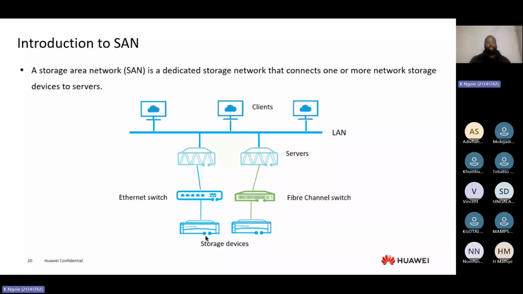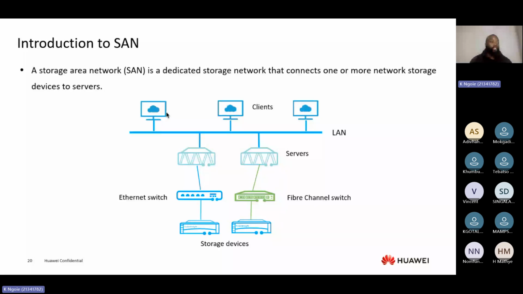We have the storage devices, and we have the clients that are getting information from these servers. Through this fiber channel switch or the Ethernet, we can get access to this storage device. Basically, this is just a high-speed network connecting servers to block level storage.